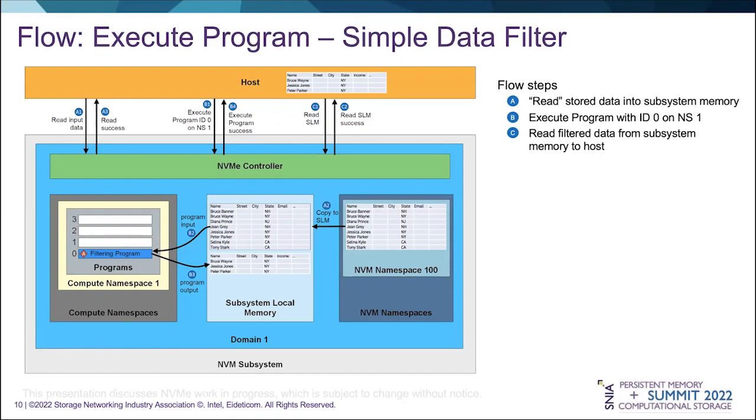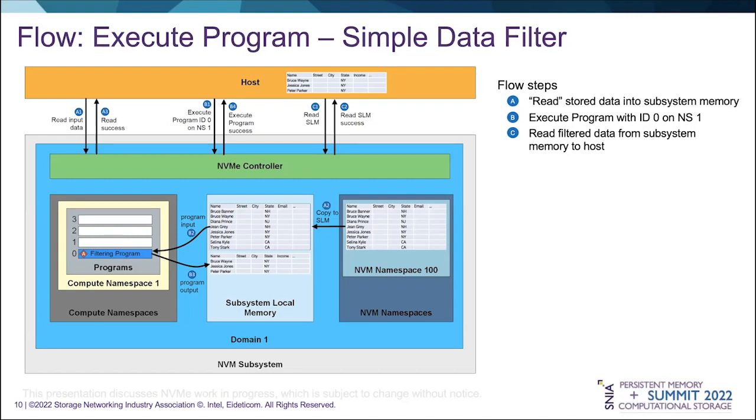Before I dig into this diagram, I just want to point out a couple of things. In an NVMe device, we always communicate from the host through an NVMe controller. In this particular example, we're just looking at a single NVMe controller in a subsystem, but the same constructs will apply to multi-controller systems, which is very useful for things like multipath and high availability.